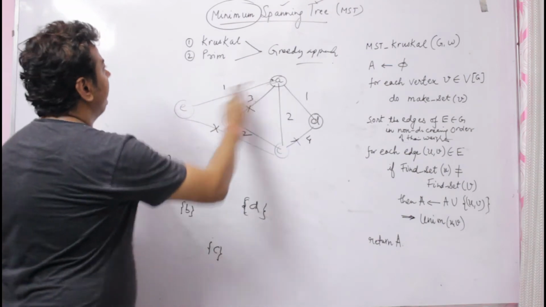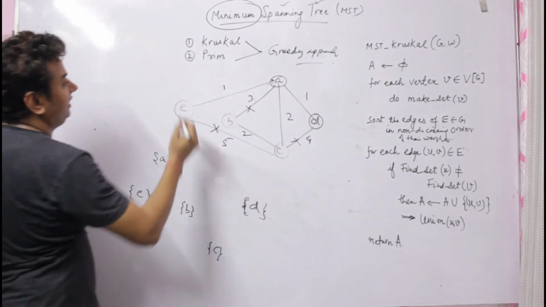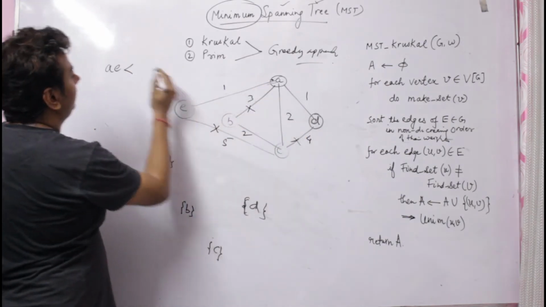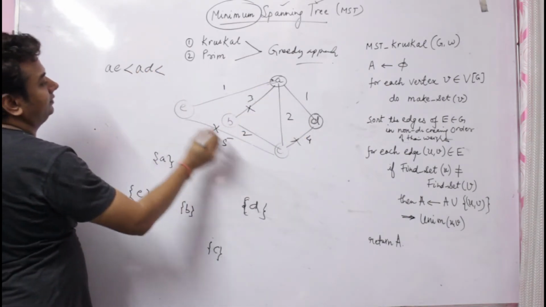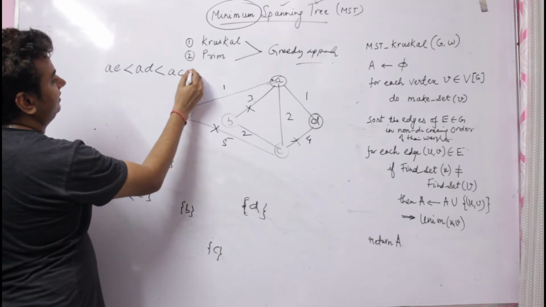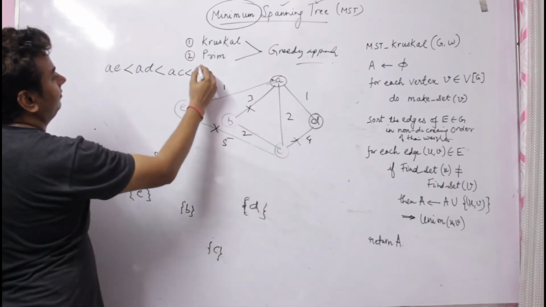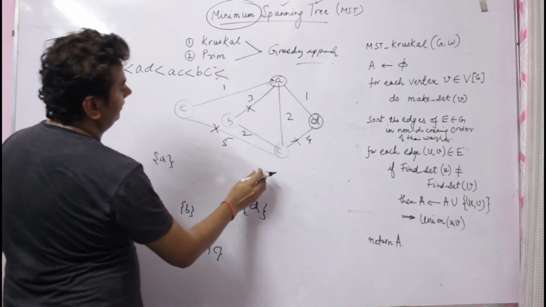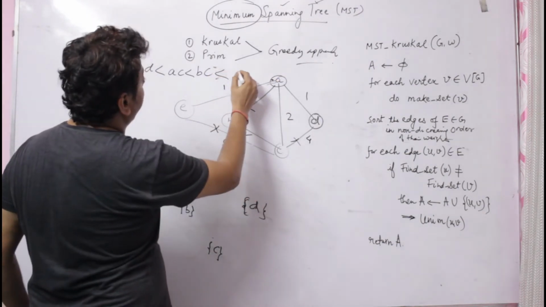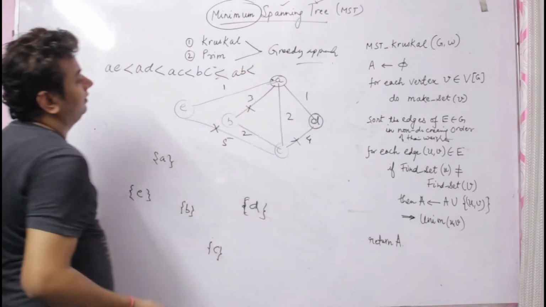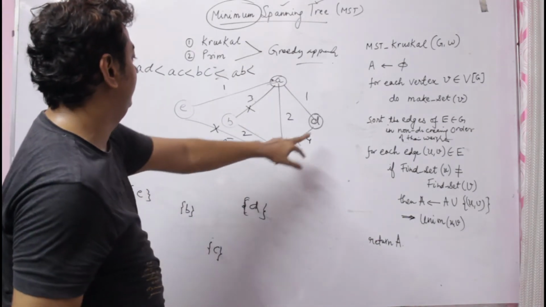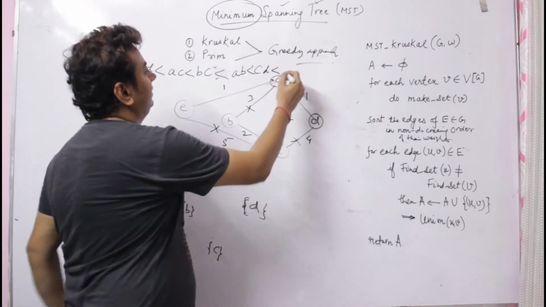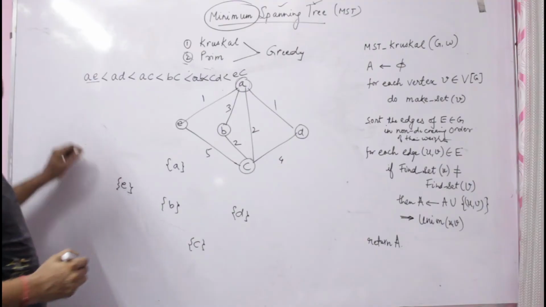First we have AE, so we will write AE here, then AD, AC, BC, then we have AB, then CD, then EC.